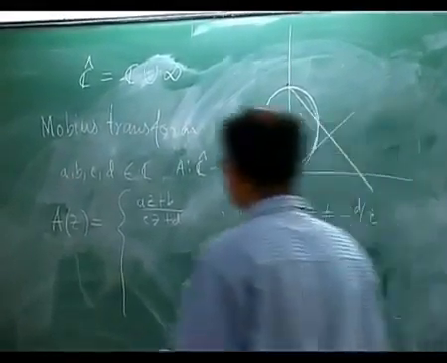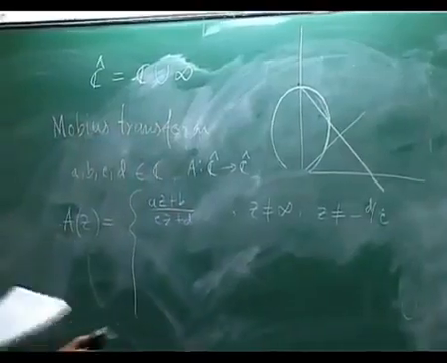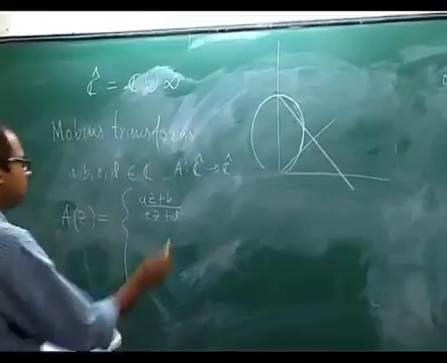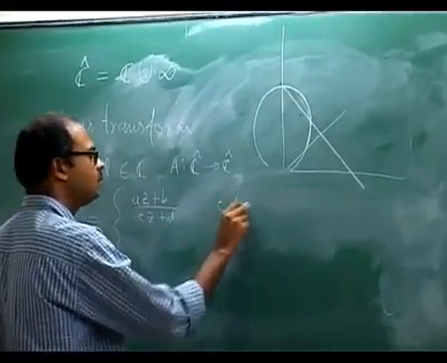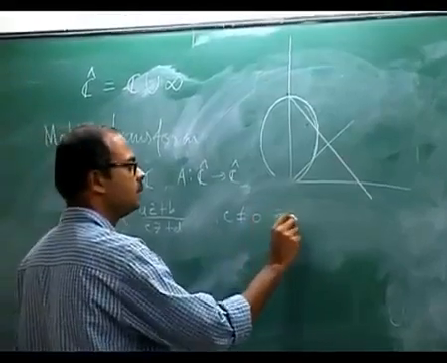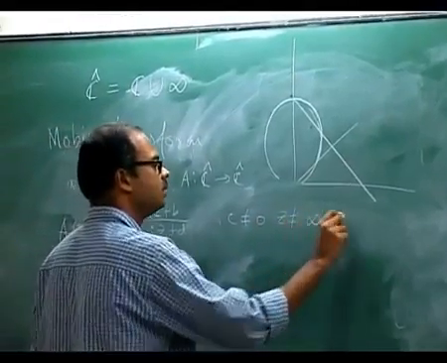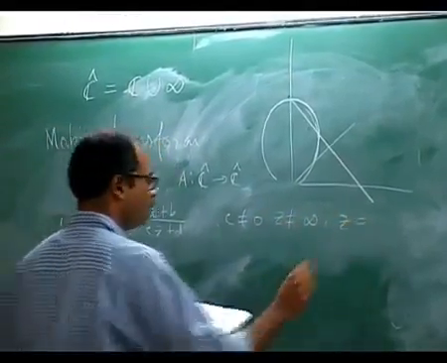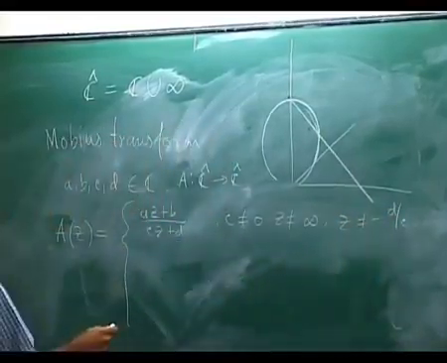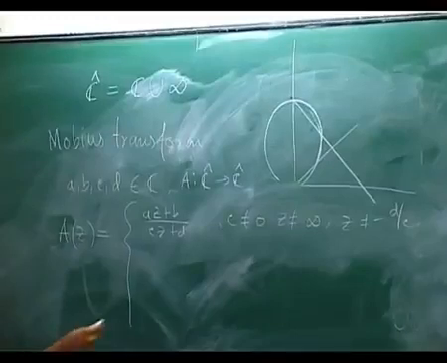Yes, because otherwise I'll miss some of these things. So C not equal to 0, that's also important. C not equal to 0, Z not equal to infinity, Z not equal to minus D by C, and I define.